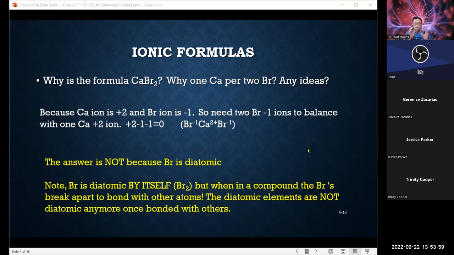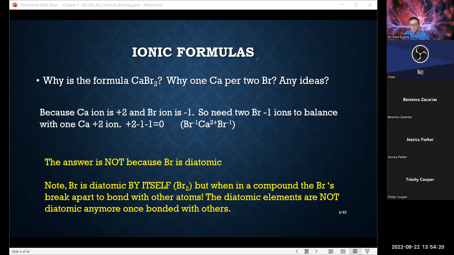So, in ionic compounds, the thing to remember when we start putting them together is this. There's a very good generic formula for you at this point. I'm going to change it a little bit as we get down the road, but it's straightforward.